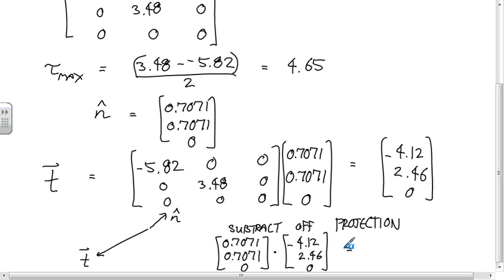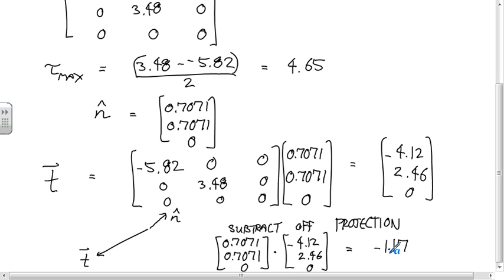So that's, okay, so you get a value of negative 1.17. Okay, and so if we subtract off, well, subtract negative 1.17 in the direction of that normal, what we should be left with is shear only.